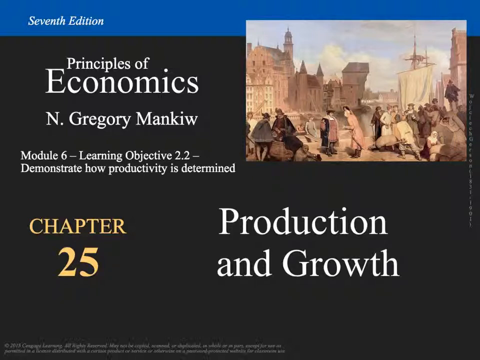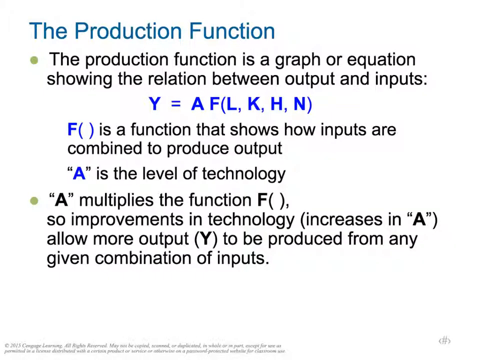Okay, so our second learning objective for Module 6, the second part of Learning Objective 2, is to demonstrate how we determine productivity. So let's go ahead and do that using the variables that we've discussed. So this is a very, very simple production function.